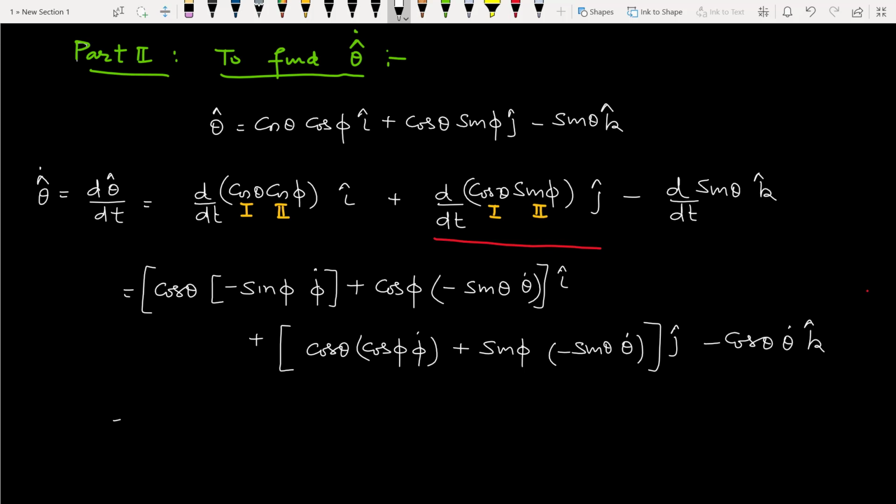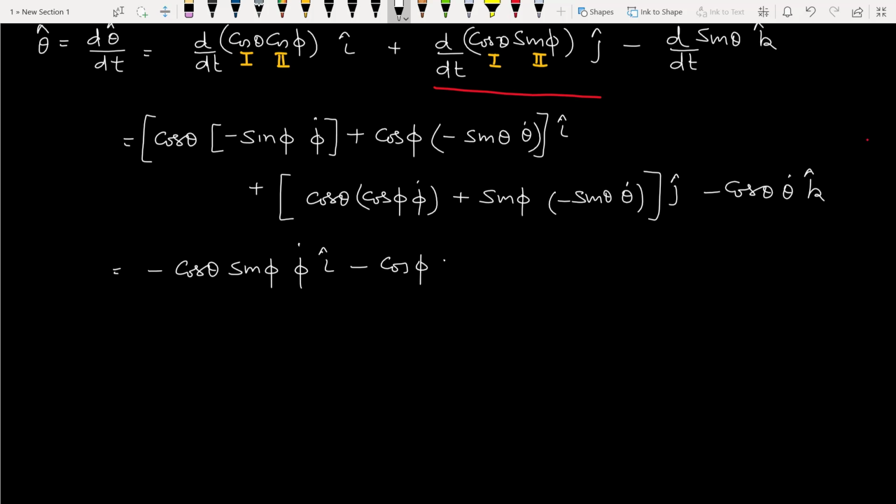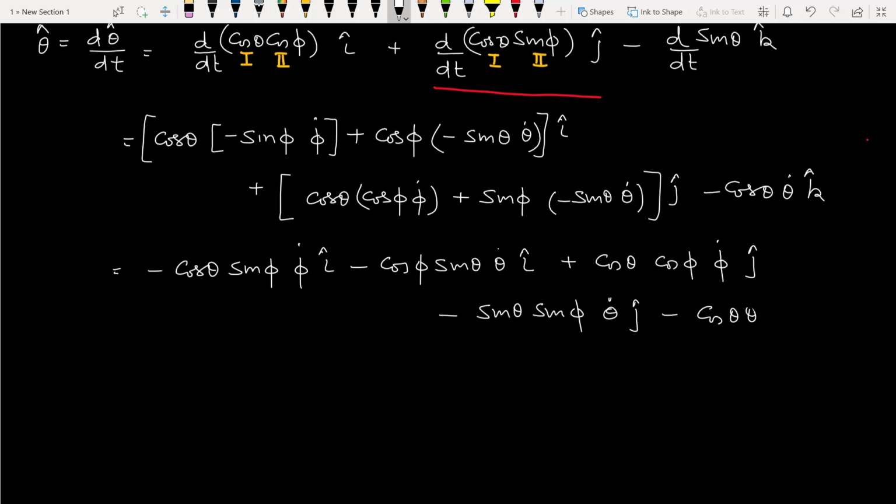So when we simplify the terms, it is minus cos theta sin phi phi dot i cap, minus cos phi sin theta theta dot i cap, plus cos theta cos phi phi dot j cap, minus sin theta sin phi theta dot j cap, minus cos theta theta dot k cap.